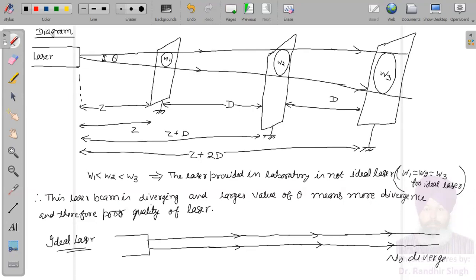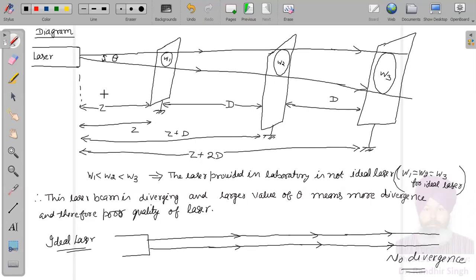This is according to the definition of the laser. A laser will produce a parallel beam of light, but practically there is small divergence. For better understanding, I have shown light rays expanding to a larger extent, but in case of a laser beam the divergence is very small. So actually the laser light is expanding. If laser light is expanding, at smaller distances you will have a small laser spot, and at larger distances you will have a large laser spot. So what we have done, we have placed the screen at 3 different places from the laser.